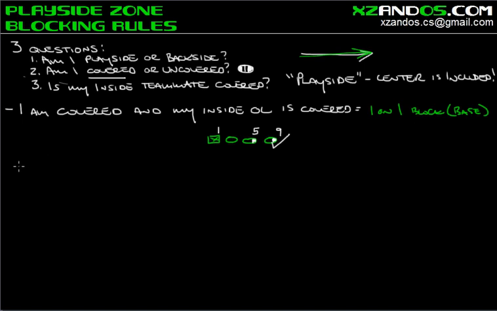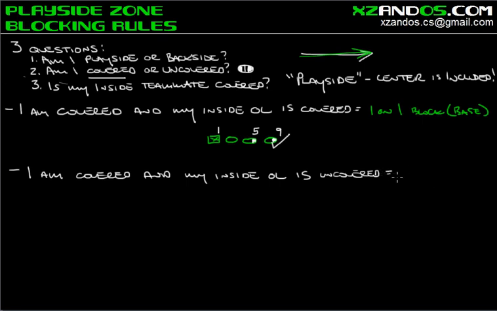Let's move on to the next statement. I am covered, and my inside offensive lineman is uncovered. This is a new rule.